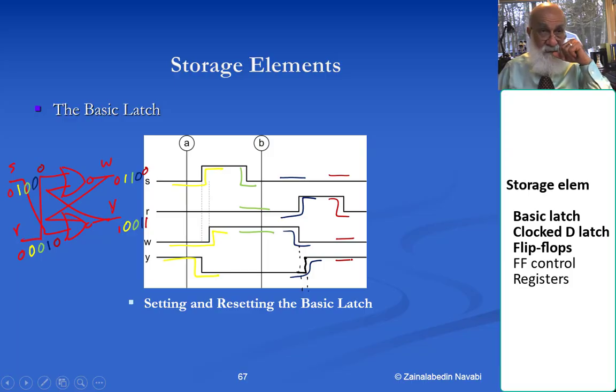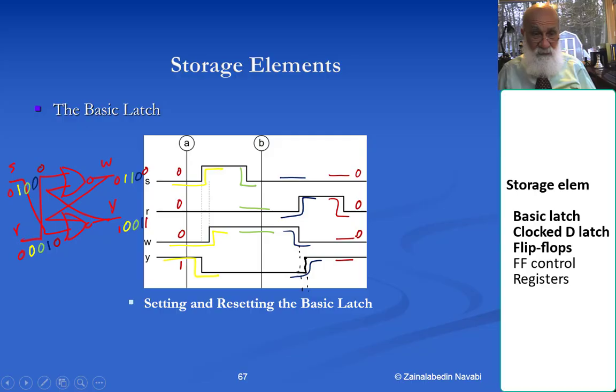So with these changes, starting from the same values on S and R at 0, 0, and on the outputs W 0 and Y 1, after some changes I came back to the same situation, 0, 0, 0 here.